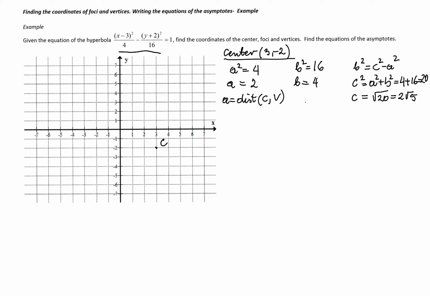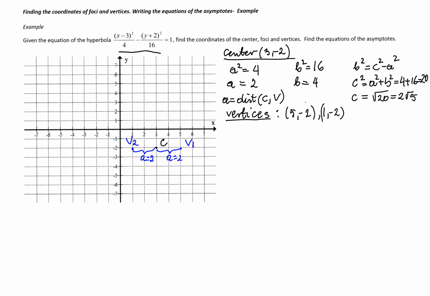So starting with the center, we'll move a units to the right to get the vertex v sub 1, and we'll go 2 units to the left to get the other vertex v sub 2. So we can write the coordinates of the vertices by using the graph. Vertices are at the points 5 and negative 2 and 1 and negative 2.